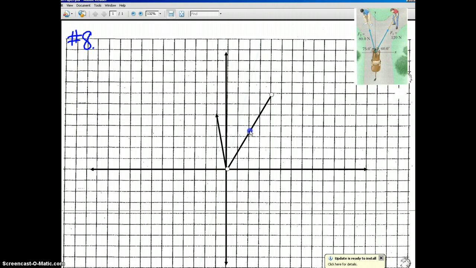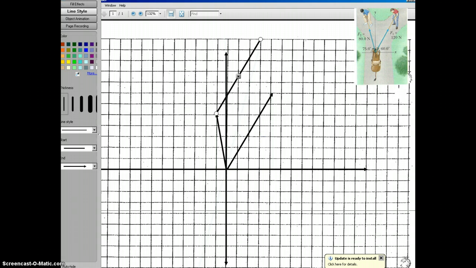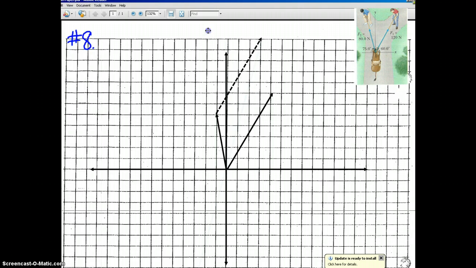So what we want to do is take this vector, equal magnitude and equal direction, and attach it to the end of the 80 Newton vector.